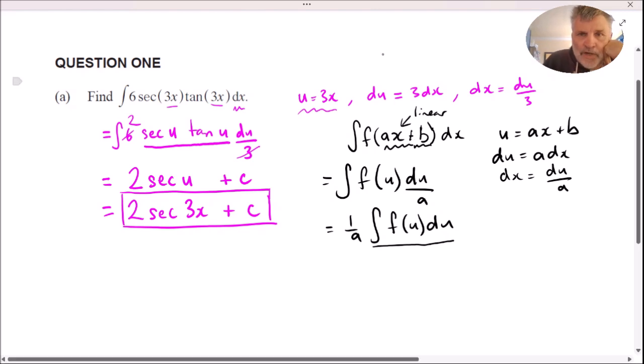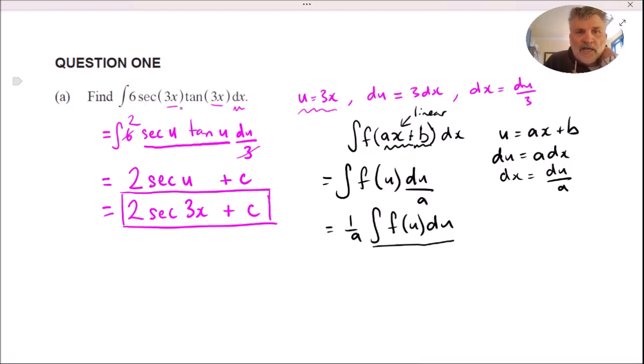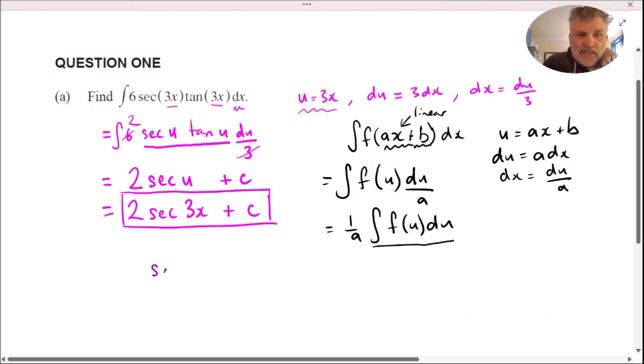So if I was to use the shortcut on this question, I would just say, oh, look, I recognize sec times tan. The integral of that is sec, so I'm going to get sec 3x. It's got a 6 in front. I have to divide by 3. Add the constant.